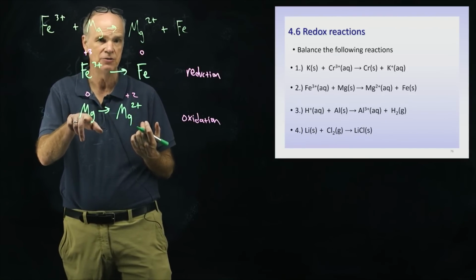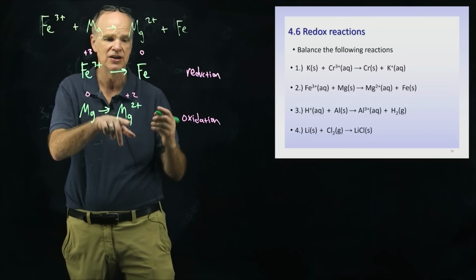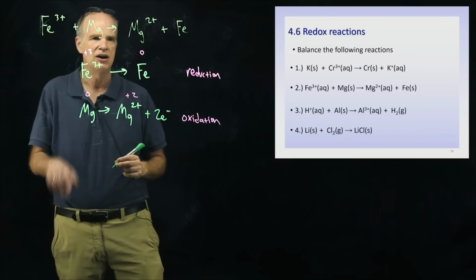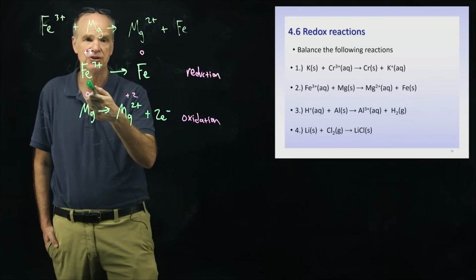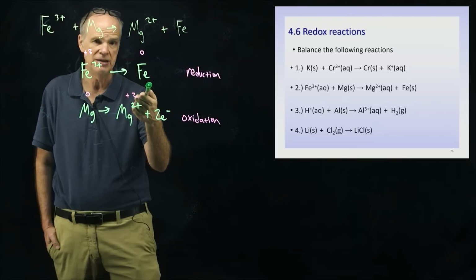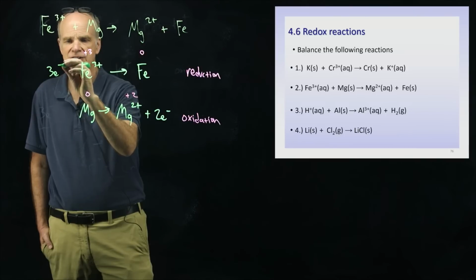So we have a neutral magnesium atom that is becoming deficient in 2 electrons. So it needs to lose 2 electrons like that. Now, with the reduction reaction, it's going to gain electrons. And so it's going to go from a 3 plus state, means that iron is deficient in 3 electrons here, to a neutral state, meaning it has all its electrons. So we have to add 3 electrons here.